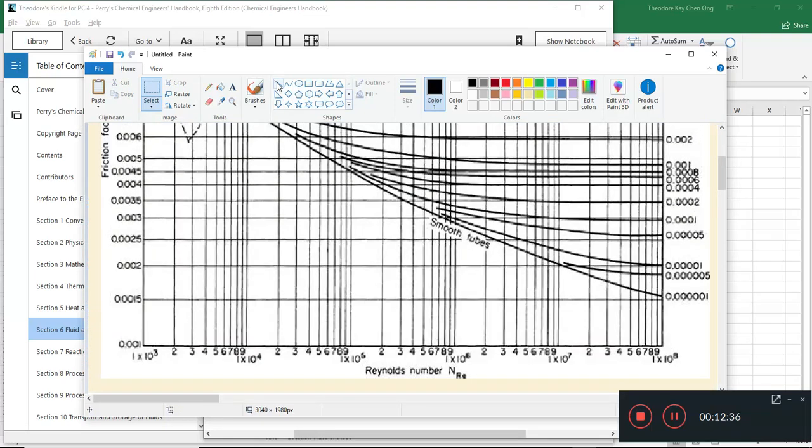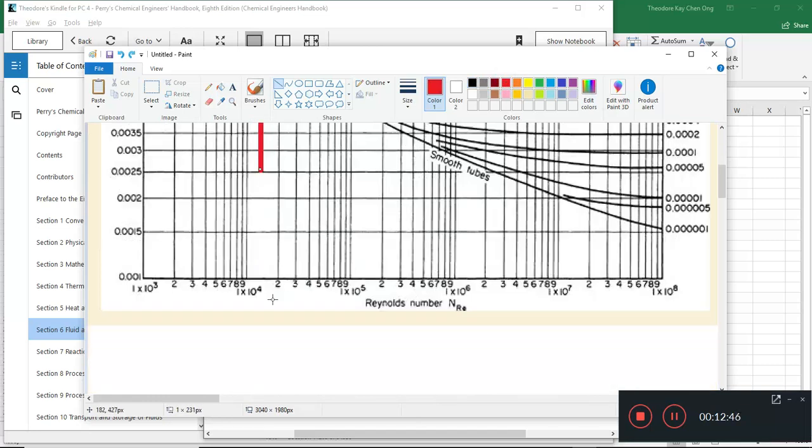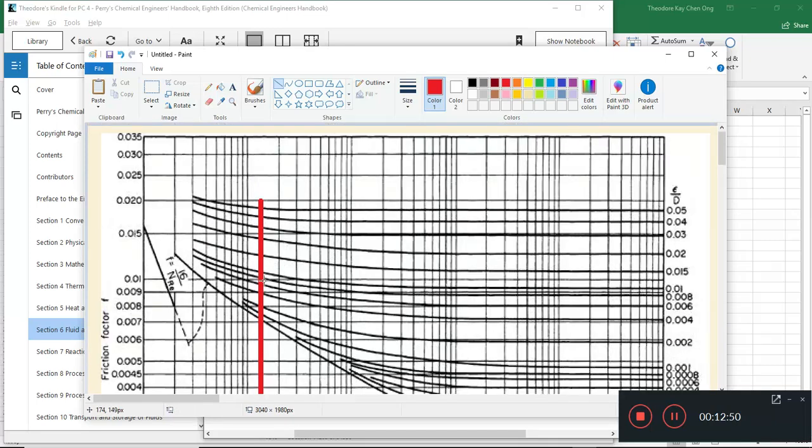Somewhere here, I'm not very sure, it's just a rough estimate, but immediately you'll see that this line actually intersects a lot of other small lines, regardless of where you draw the line. So the turbulent regime is slightly different. What is actually different? Well, you have to see what these lines are talking about.